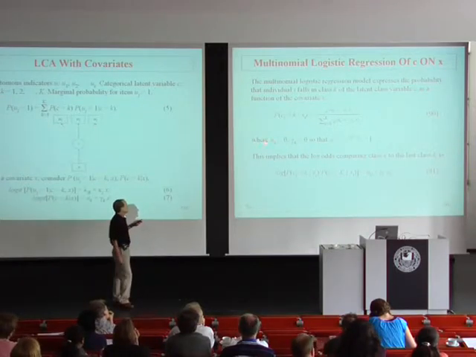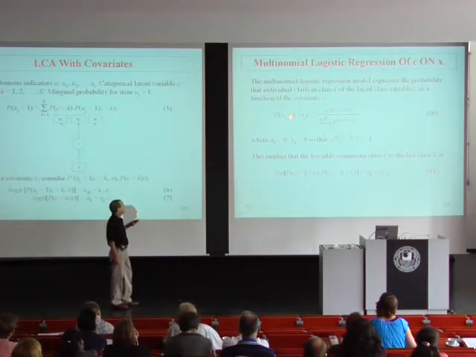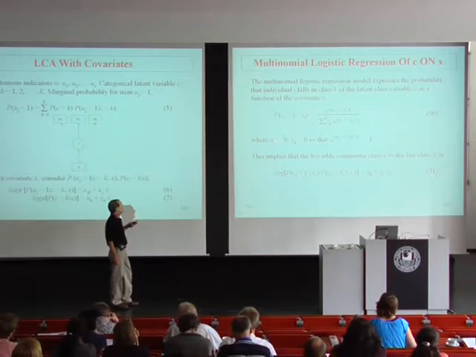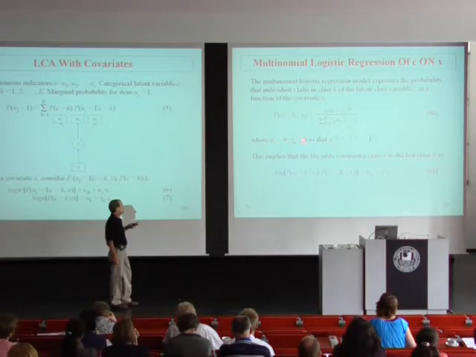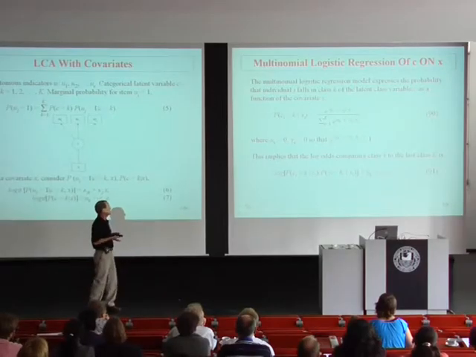We have the last category, capital K. So k varies from 1 through capital K. The intercept and the slope are standardized at 0, so that in that case, the exponentiation becomes e to the power of 0, and e to the power of 0 is equal to 1. In fact, that's the 1 that we see in the binary logistic regression.